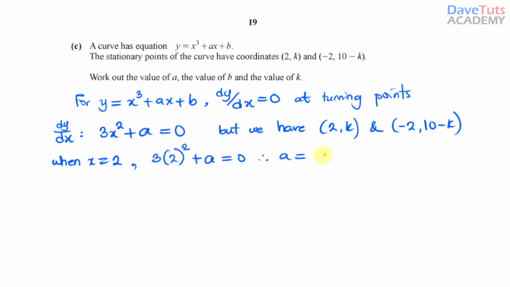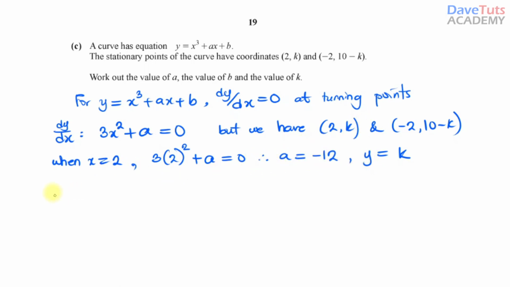A is going to give us nothing but minus 12. And then y is equal to k, because x is 2, k is the value for y, then a is minus 12.